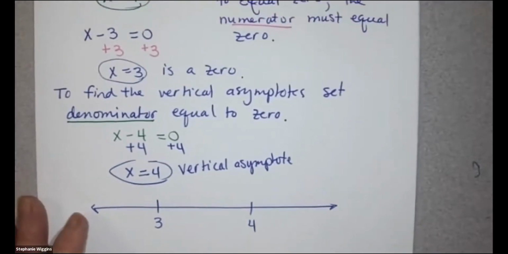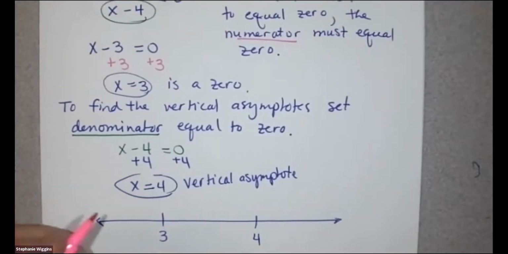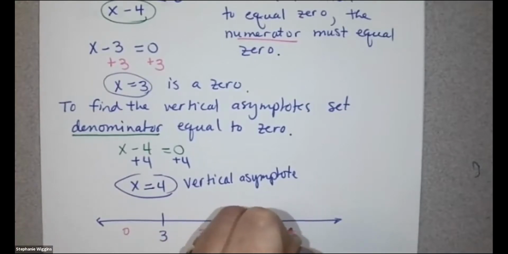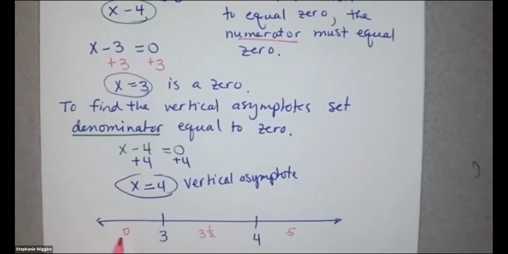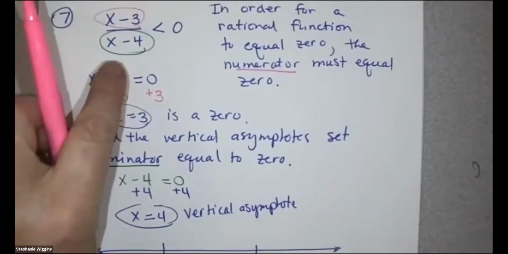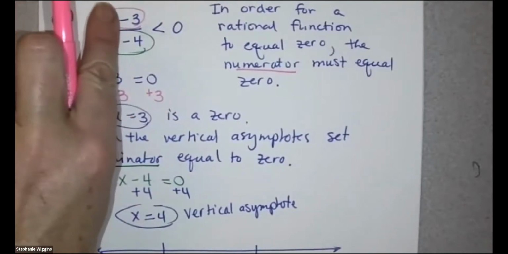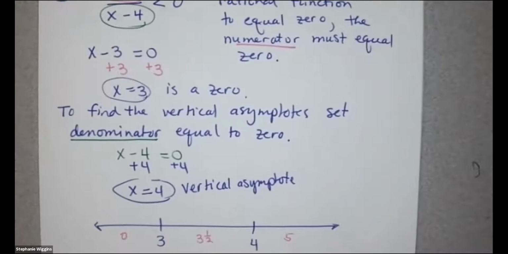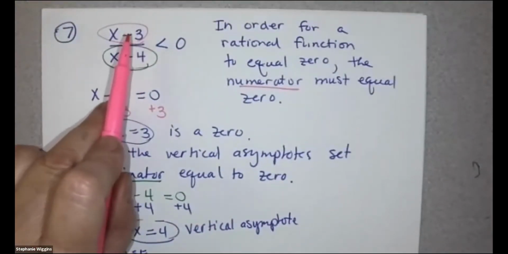So testing my regions, I'm going to pick 0. I'll pick 3.5, and then I'll pick 5. So plugging in 0 into my original, if x is 0, then I get -3 divided by -4. That's 3/4. Is 3/4 less than 0? That's false. It's not less than 0. Then picking 3.5, if I subtract 3, I get 1/2.